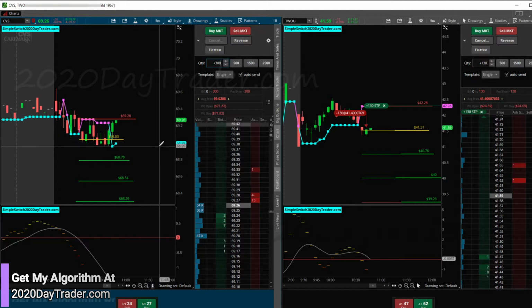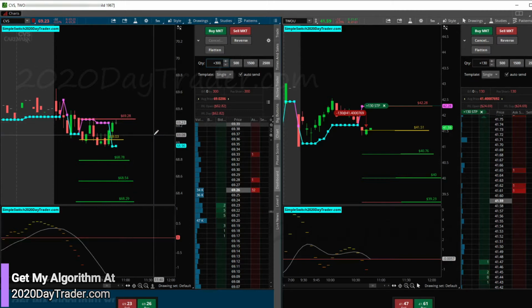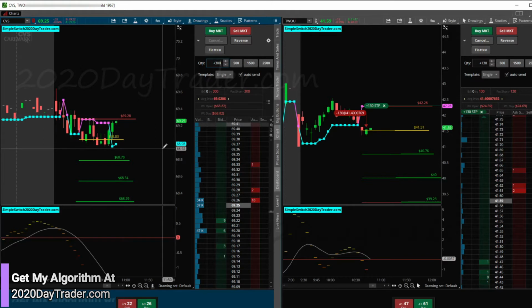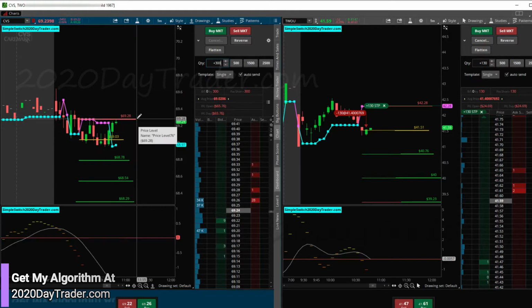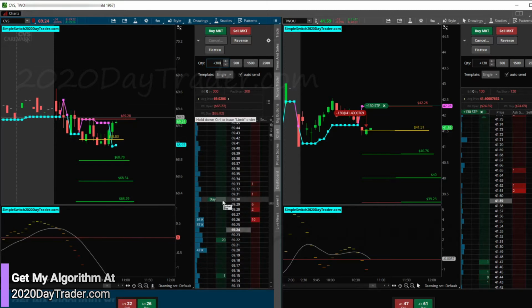I decided not to speed bump CVS because we could be in a downtrend right now. It could be breaking out of a downtrend, but also the markets are looking a little bit weak today in general, and that could drag it back down. I think it's better just to take the loss on it today and wait for the next trade. So that's the plan right now. 69.28, 69.